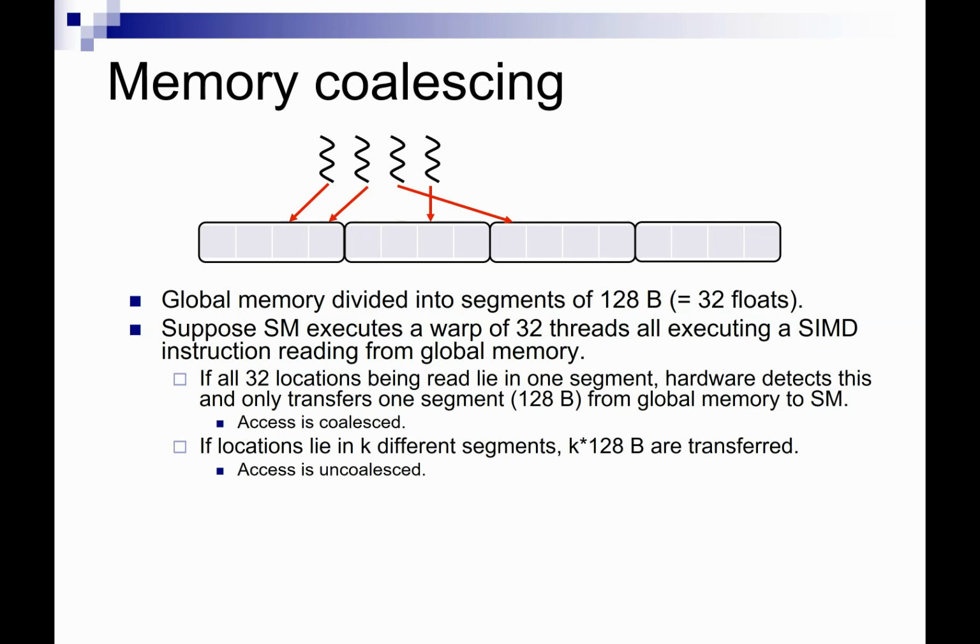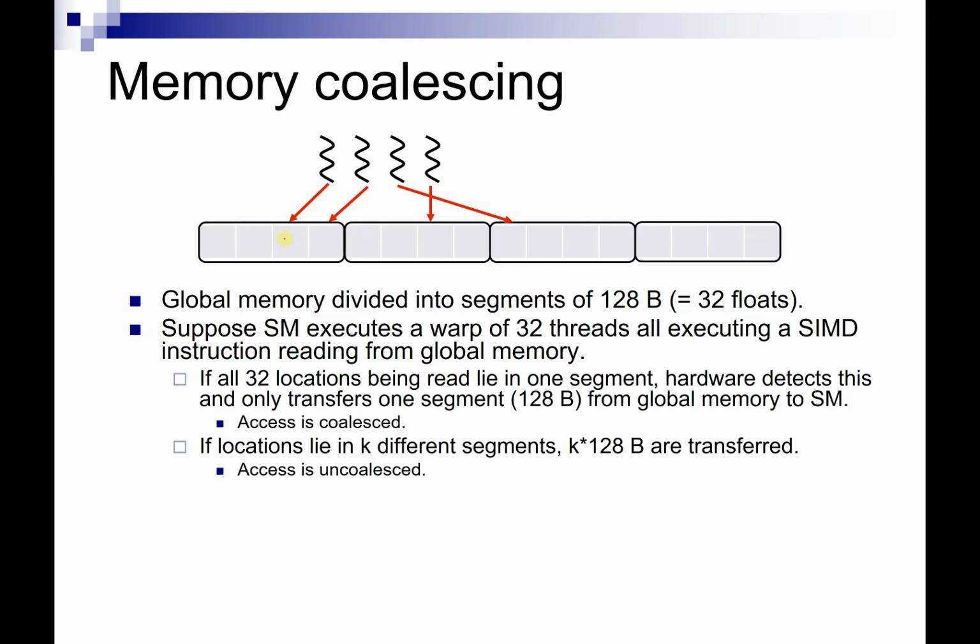However, if the threads in a warp are accessing global memory locations from different segments, here we're looking at 3 different segments, then the GPU hardware is going to transfer all of the first segment.